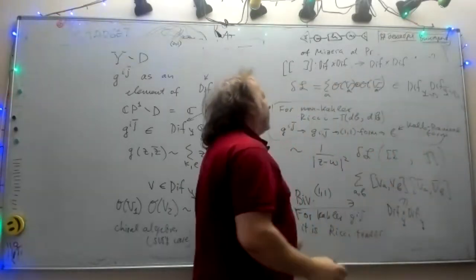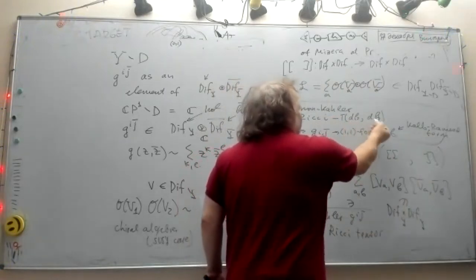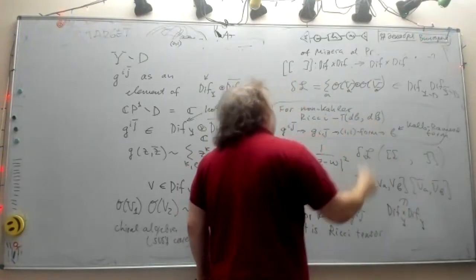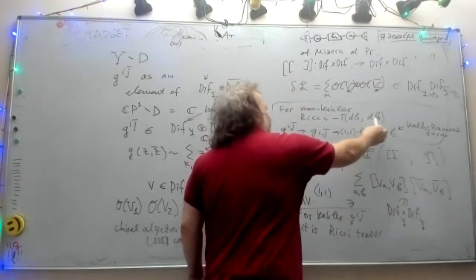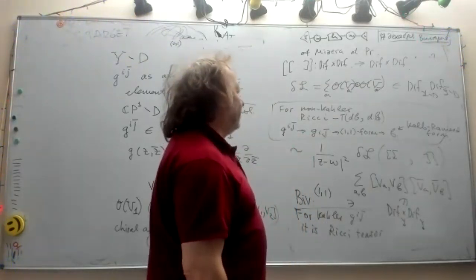Then I can write an energy momentum tensor. It has this form. It goes through the curvature of B. And that's it.